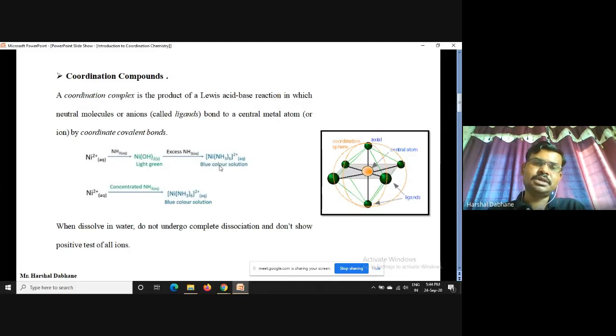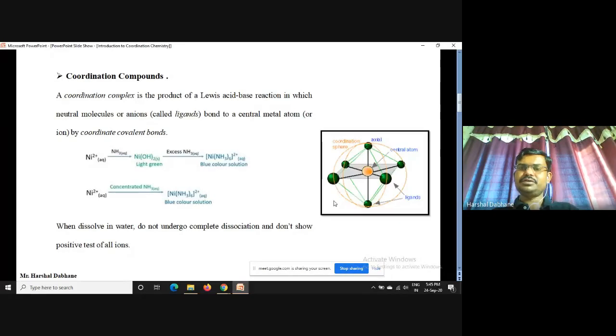In this complex, nickel is bonded to nitrogen, so there is a bond formation between nickel and ammonia. Or we can add concentrated ammonia to the same nickel solution, and finally we get the blue solution.